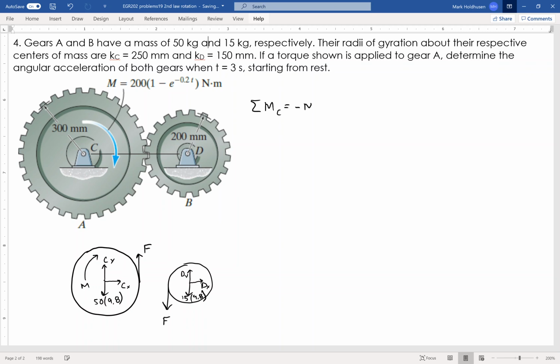When I sum the moments about C, I have a negative M. Let me take 2 seconds and calculate what M is. When I plug in 3 seconds into that, I'm going to find that M equals, and I'll let you do this on your own, 90.2. Oops, not 9.2. That should be 90.2.